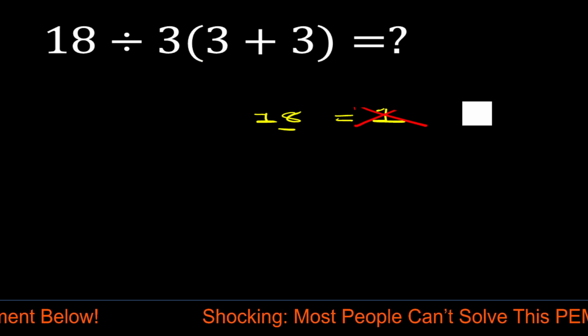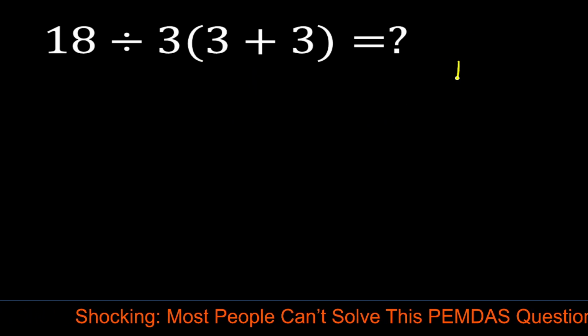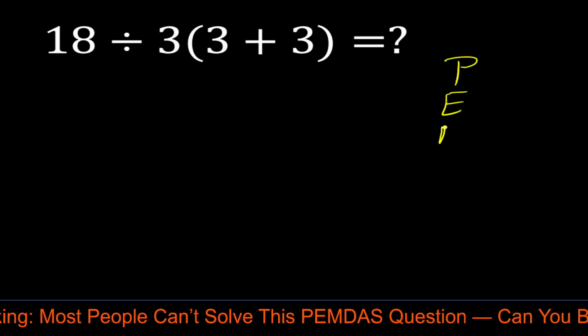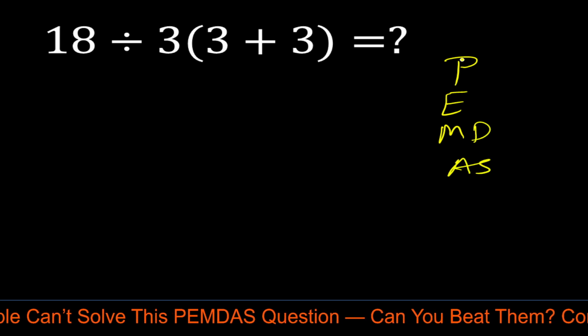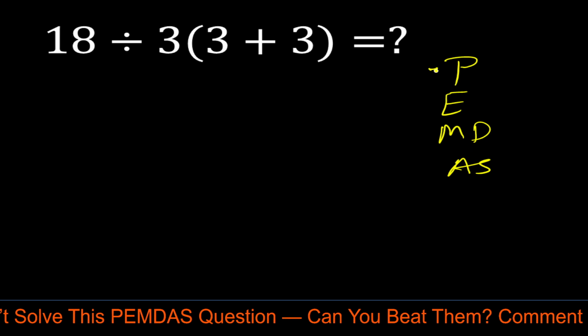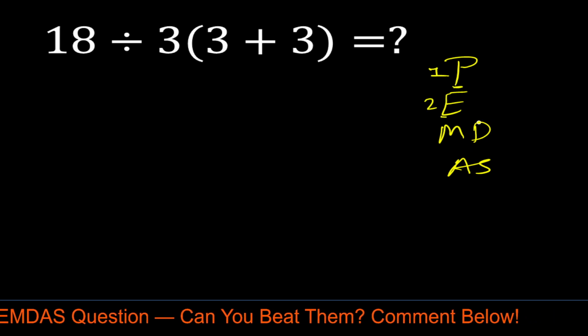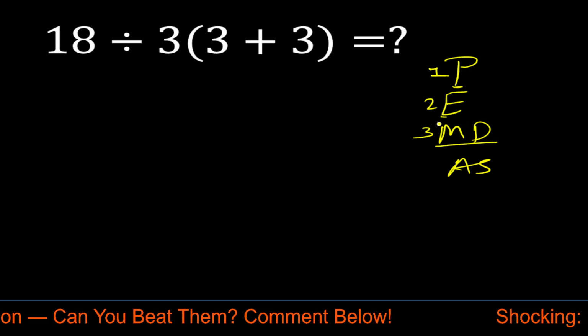So now let's solve this problem correctly by using the PEMDAS rule, right? So PEMDAS, P-E-M-D-A-S. According to the PEMDAS rule, first priority is parentheses, then second priority is exponents, then third priority is multiplication and division.